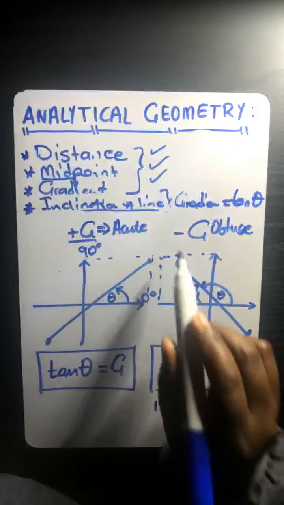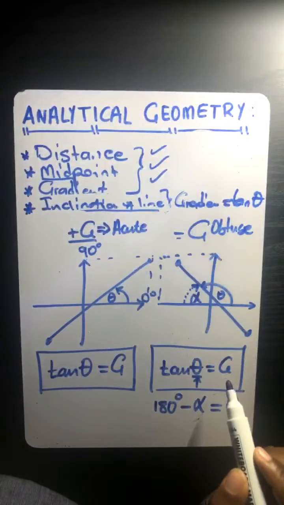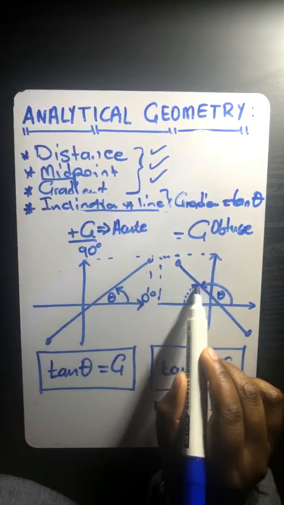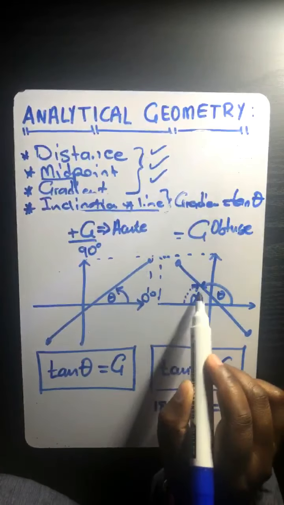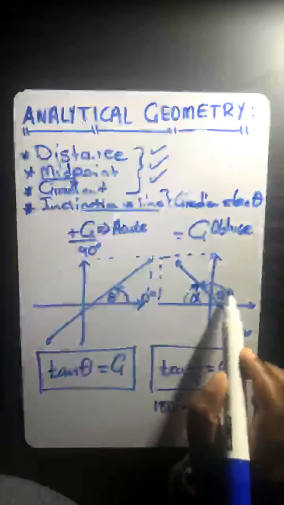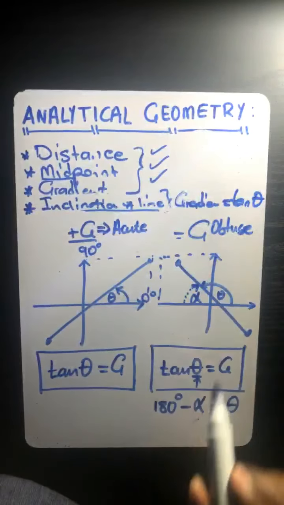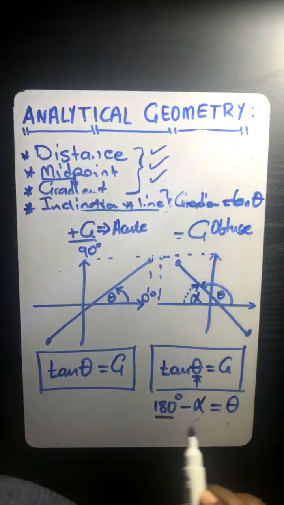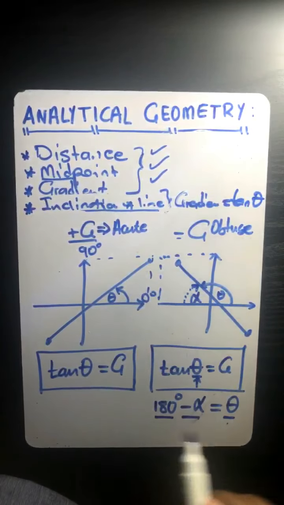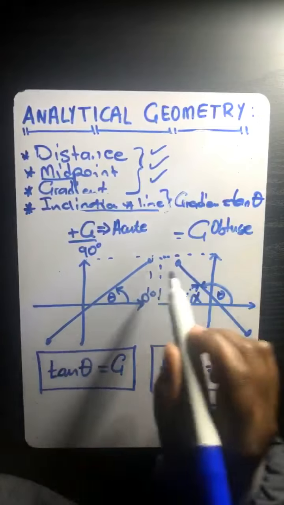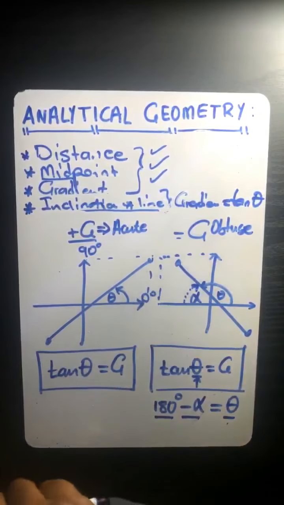The negative gradient that you get actually gives you that angle over there. But the question wants you to give the angle of inclination, which is that one. So for you to get that one, you will say 180 minus that negative angle that you got, it is going to give you this. But when it's for a positive line, it is just straightforward.